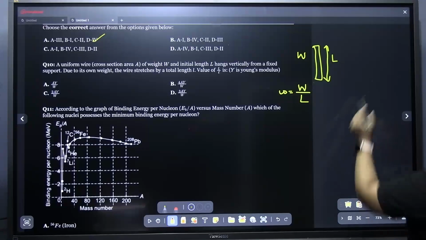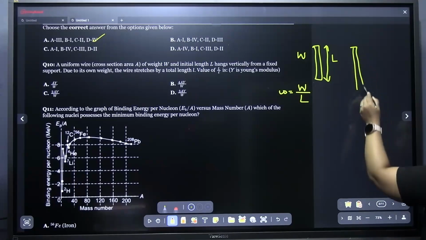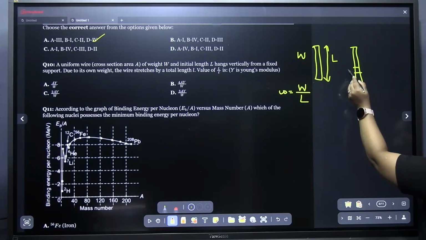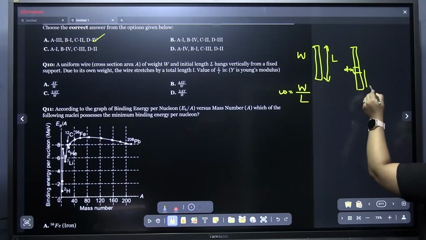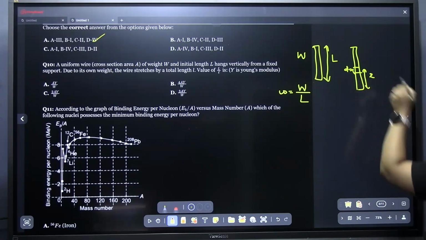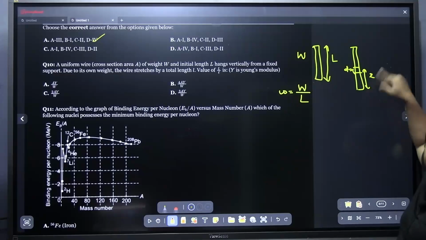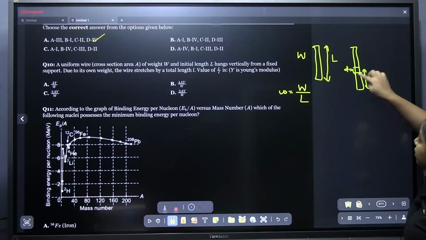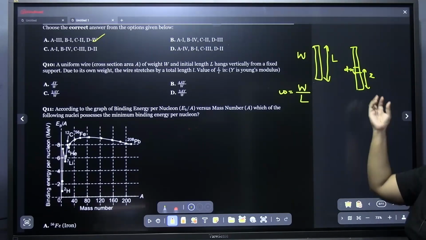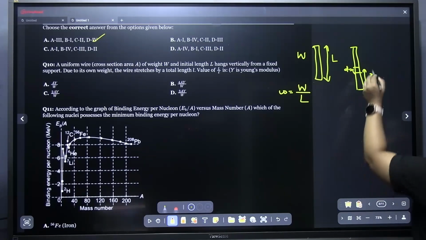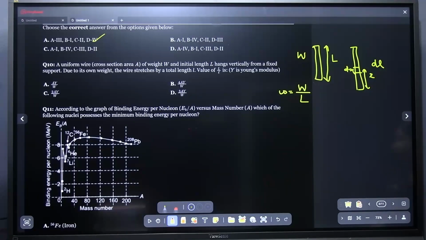Now we are taking a small element dx at x distance. Because of the weight below it, it will stretch, right? It is stretching by dl amount.